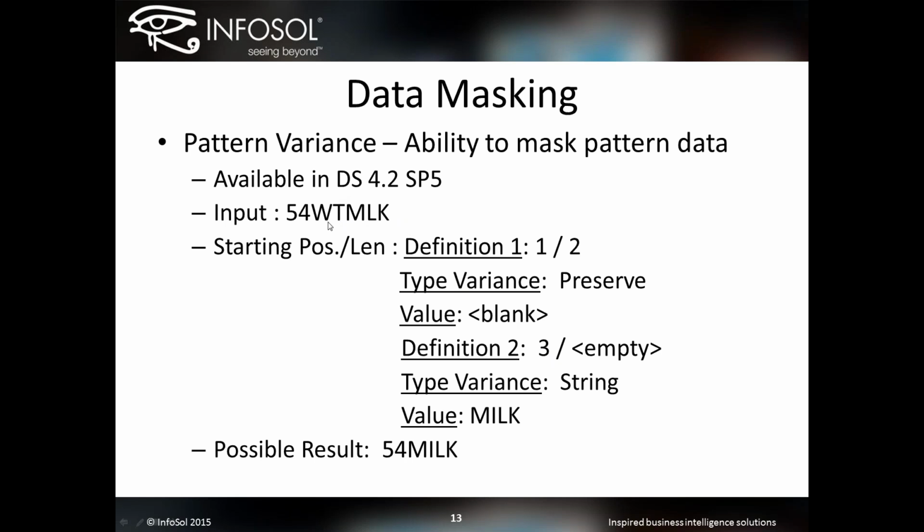Here we want a string variance, and we can provide an actual value. In this case, we'll put in the word milk. So because we preserved the 5 and the 4, the end result replaces whatever is in the rest with the word milk. It's not random; we actually provided the string. So that's what pattern variance does for you. It's very, very powerful.